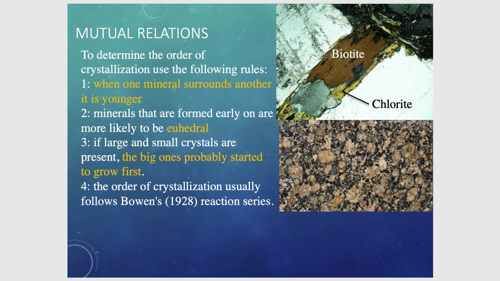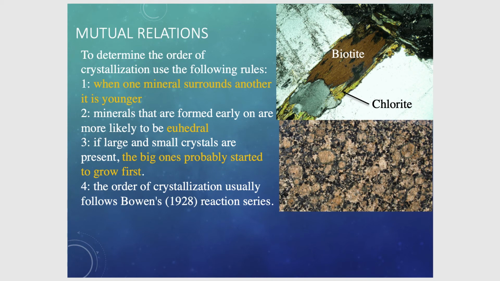So relationships of crystals can be used to infer the relative age of crystallization. Also, usually the mineral that is largest is often the first to form, and this is a good example here with this intrusive rock. This looks like an alkaline granite, and in this case this pinkish mineral are the largest phenocrysts, and these are usually the first to crystallize because of that.